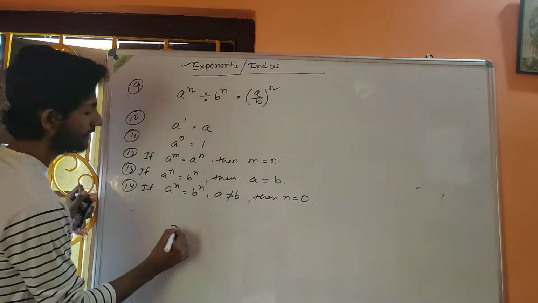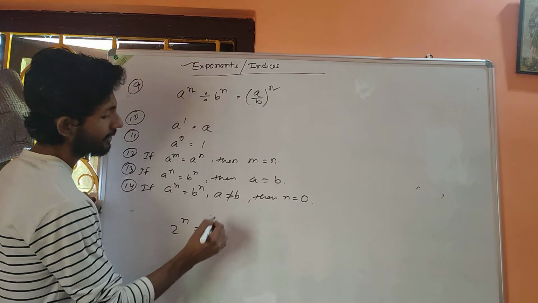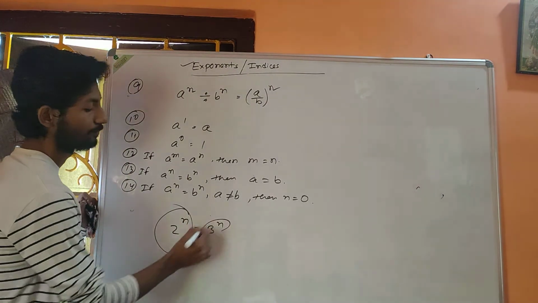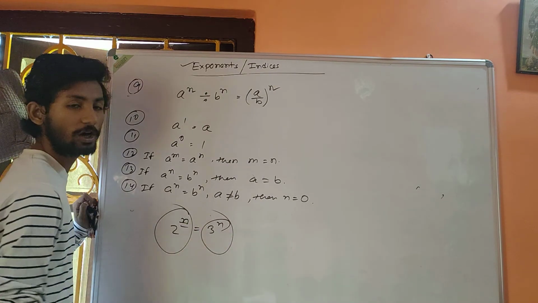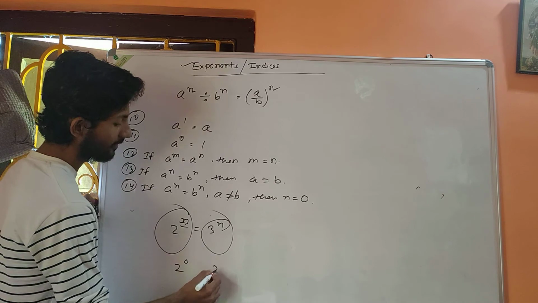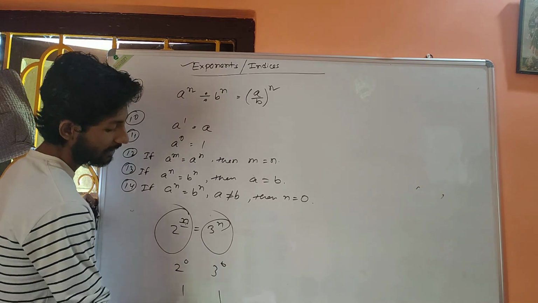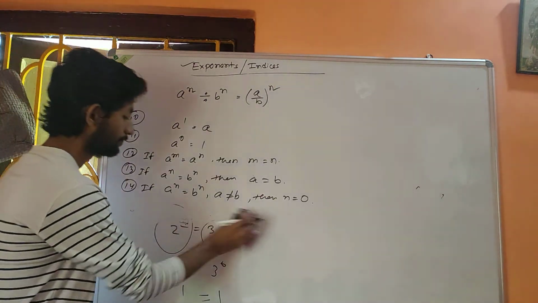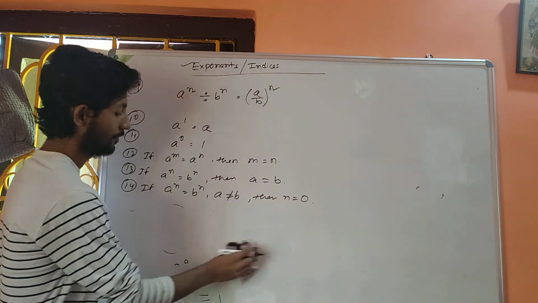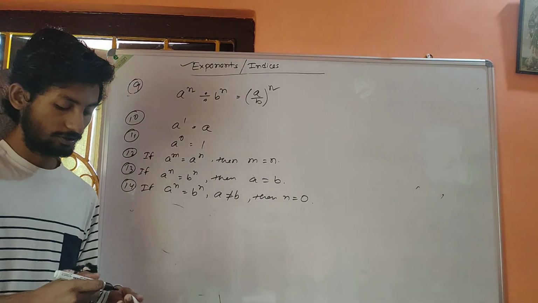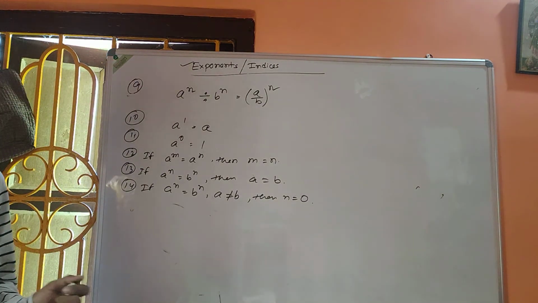Okay, similarly, if there is 2 to the power n equals 3 to the power n, these two will be same if n equals 0. If we put n equals 0, that means 2 to the power 0 and 3 to the power 0, which is 1 and 1, which is equal. So these are enough formulas for you till class 10. Okay.